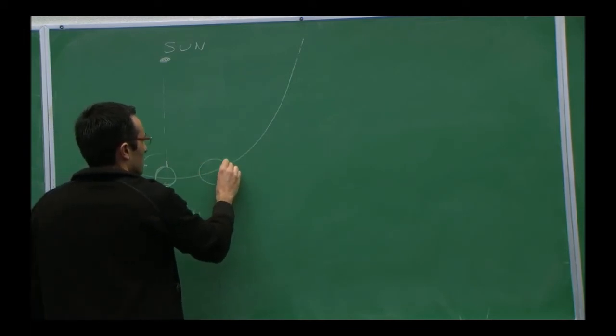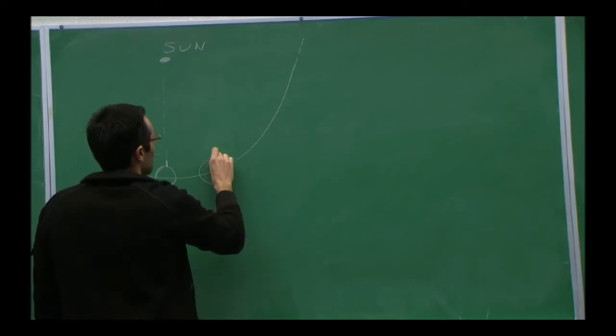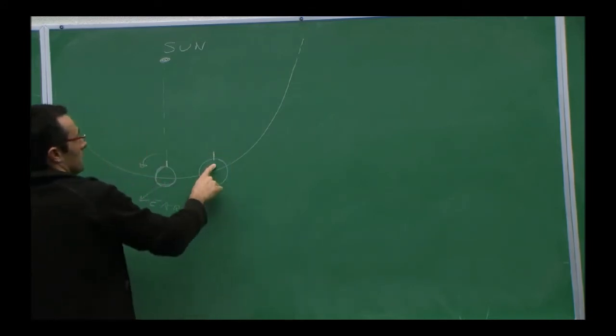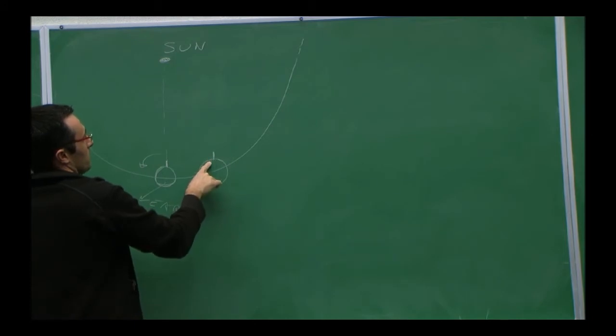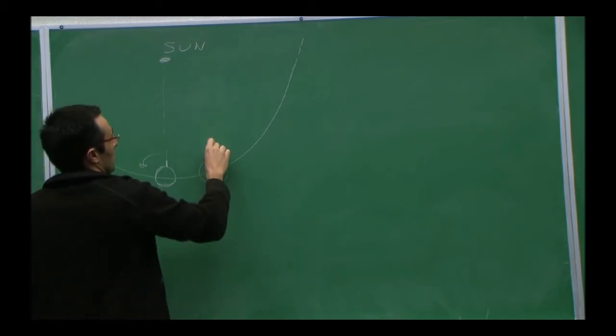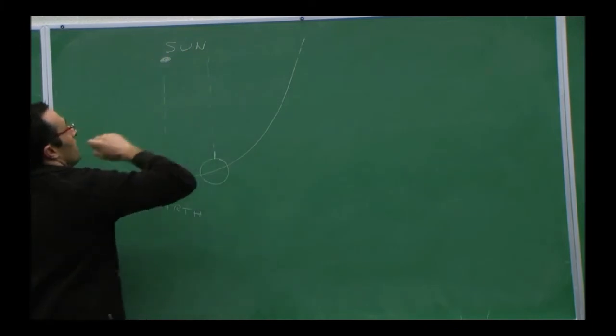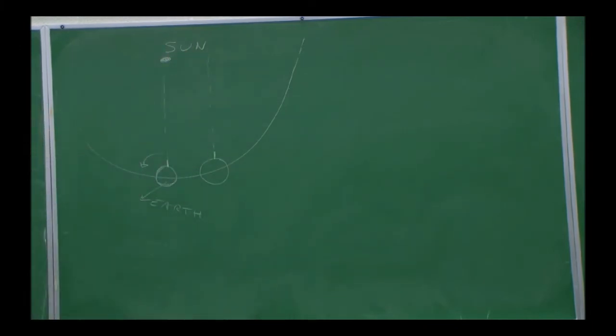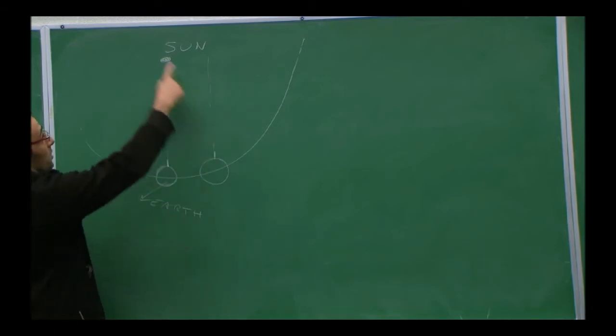So this is not the right way of counting the 24 hours. If you're looking at the same inertial direction where the sun was, it's not going to be there.